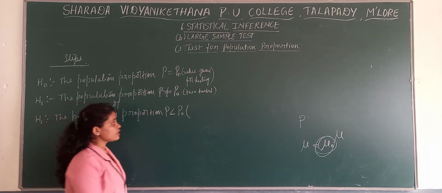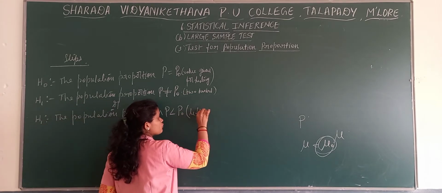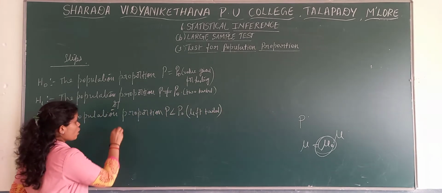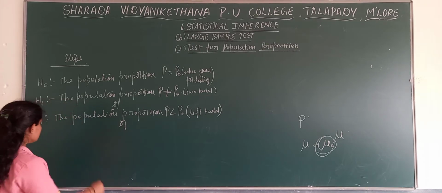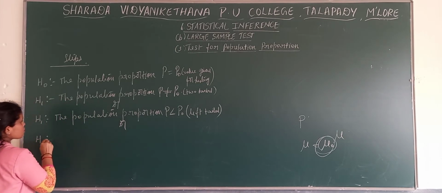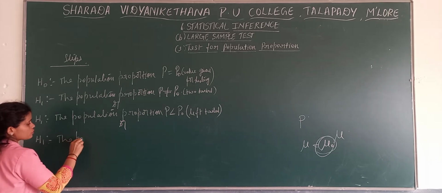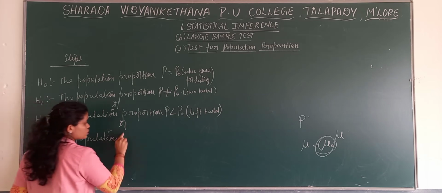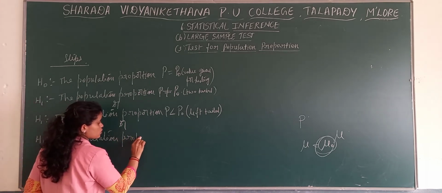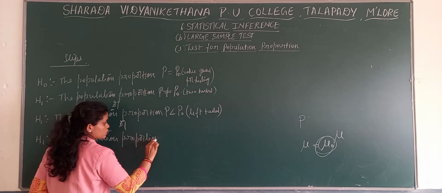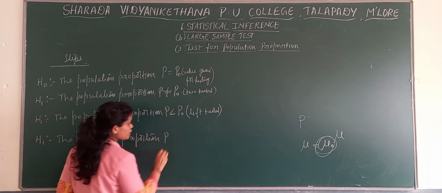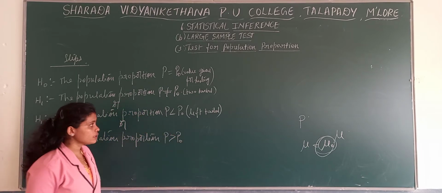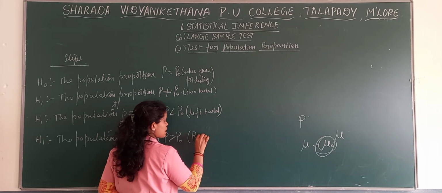If you take it as lesser, then we know that it is left tail. Or else the last option: the population proportion P is greater than the value given for testing, then we take it as right tail.